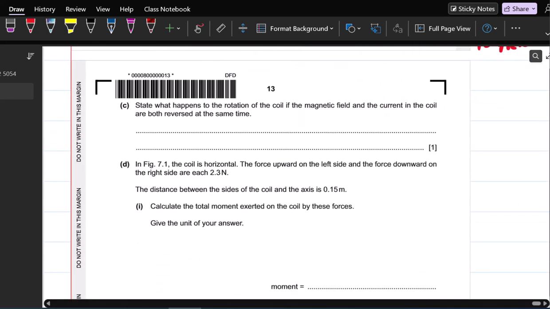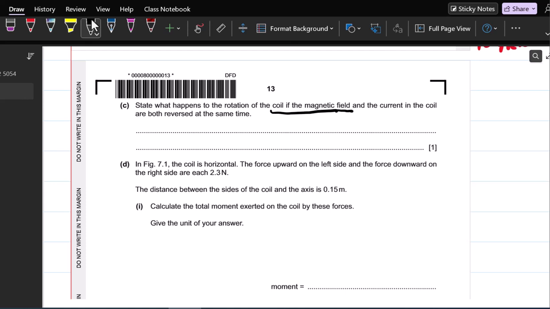C part is state what happened to the rotation of the coil if the magnetic field and the current in the coil both are reversed at the same time. So if we make two changes at a time, no change will occur.